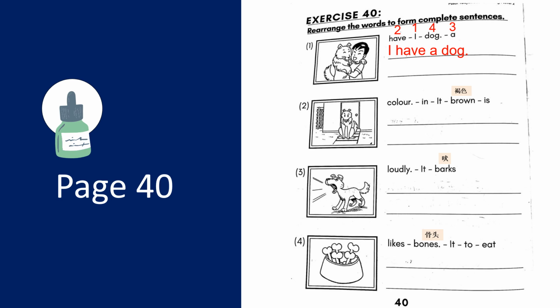And the last one, number 4: likes, bones, eat, to, and eat. 他喜欢吃骨头。So again, the subject is given 他，然后喜欢吃, likes to do what? Likes to eat. 然后骨头 bones, read as bones. Okay, you can write the answer in the blanks given. Okay, write properly.